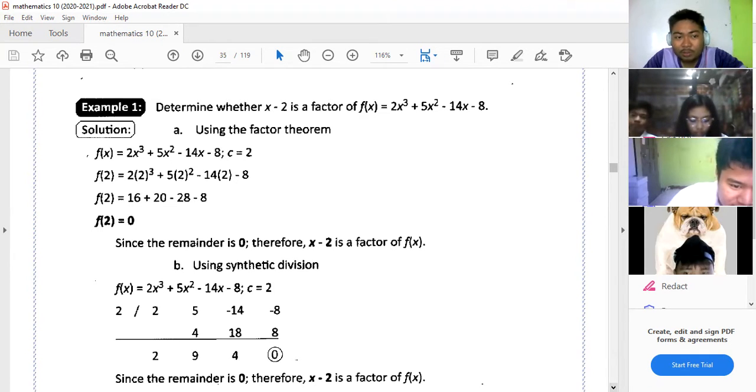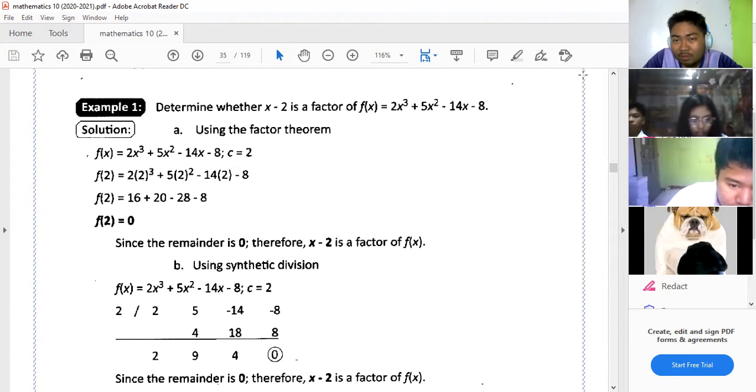Using the factor theorem, ang gagawin lang natin is parang sa remainder theorem din. Kapag nag-0 siya, it is a factor. So, ang gagawin natin is to substitute.